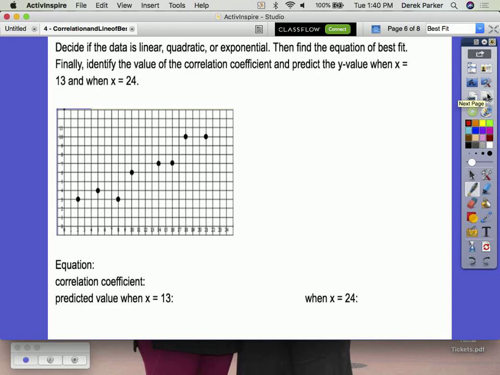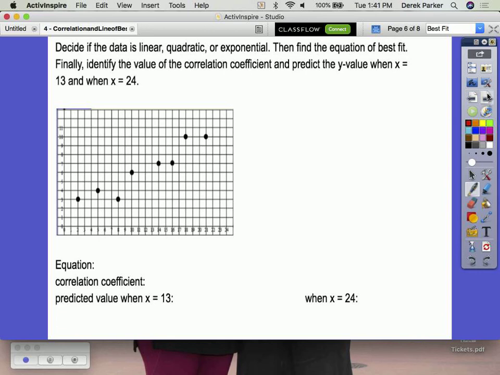Now, I want you right now to place the X values in list 1 and the Y values in list 2 of those coordinates. So put the video on pause and place the X coordinates that are listed here in list 1 and the Y coordinates in list 2.